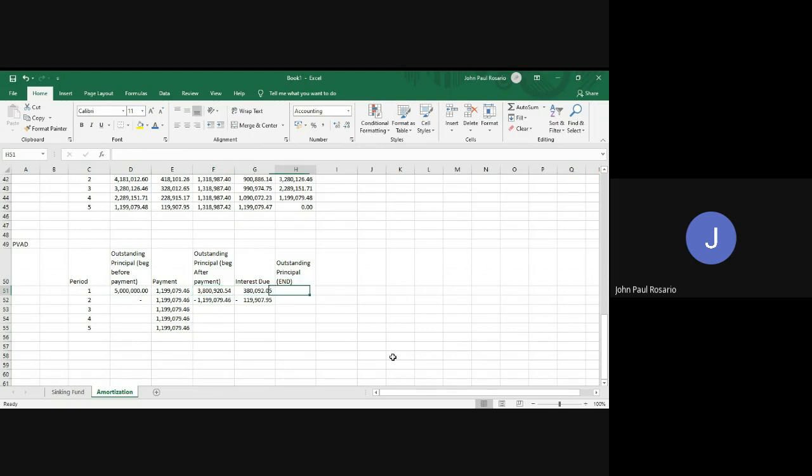Now remember that at the end of the period this interest due is not paid, because the payment is only made in the next period. So with that, your new outstanding principal would be the outstanding principal at the beginning, and then you add now your interest due. So this is your outstanding principal at year end.